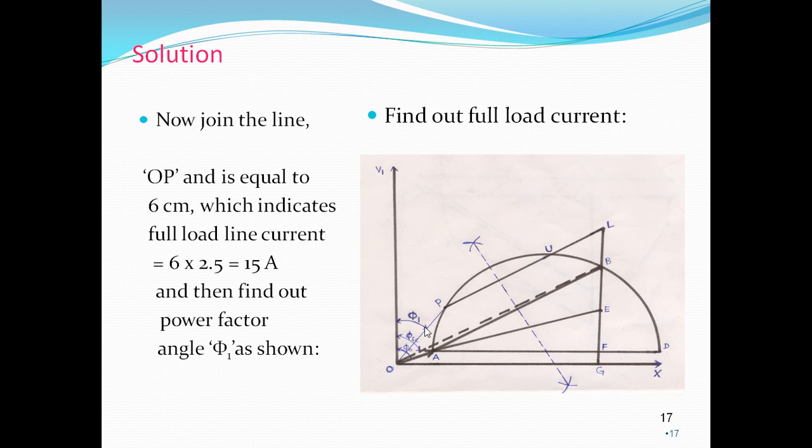Then you will get a point F. From F you draw a vertical line until the torque line, which touches at a point G, where FG represents the maximum torque and AE represents the torque line.